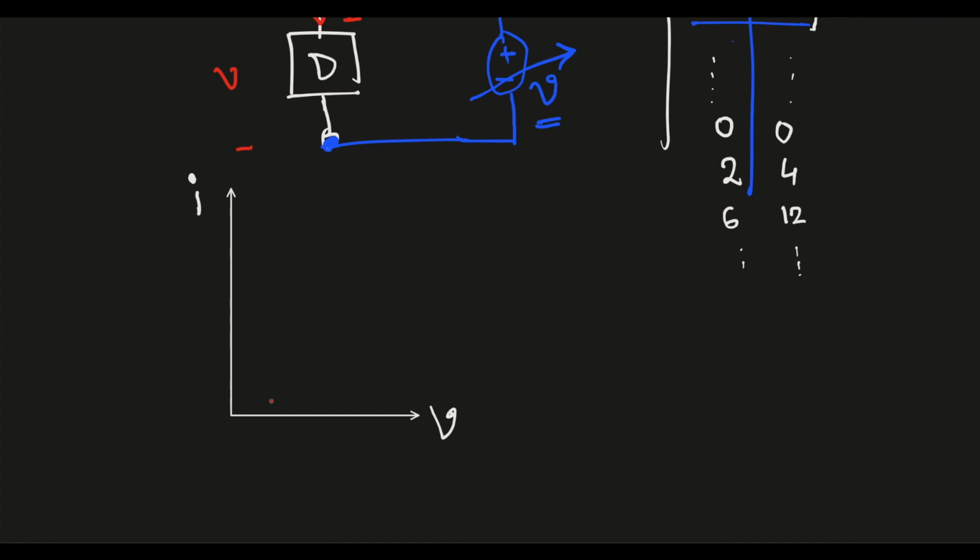And say for example, for this voltage we get this current, for this voltage we get this current, and we plot all the points that we get. After getting all the points, then what we do is we connect all the dots, and what we end up with is a graph, and this graph is called the IV curve of this device.